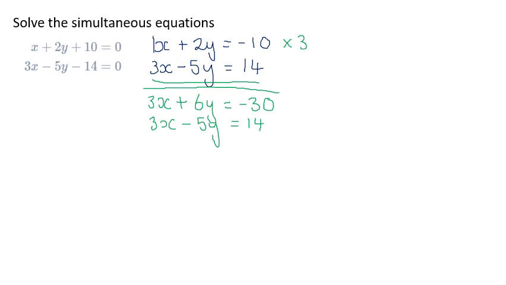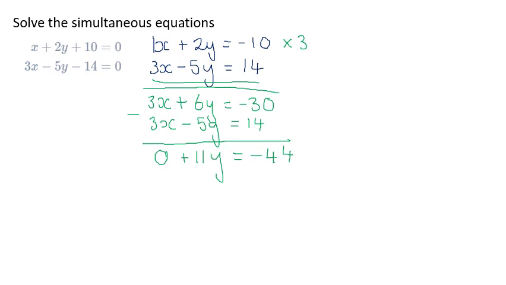So I need to subtract, because 3x take away 3x gives me 0, which is exactly what I wanted. 6y take away negative 5y. When you take away a negative, that means 6y add on 5y, so we get 11y equals, and then negative 30 take away 14 is negative 44.